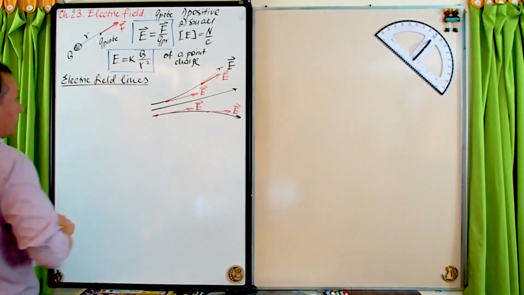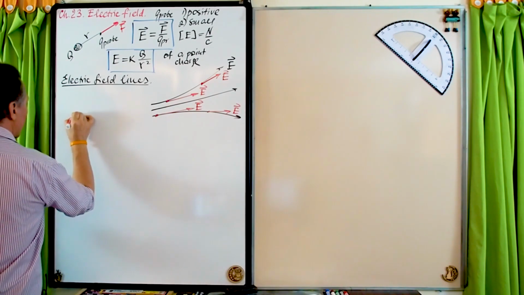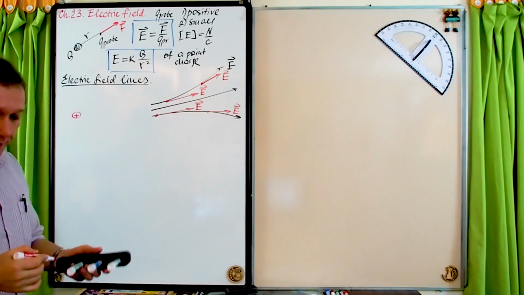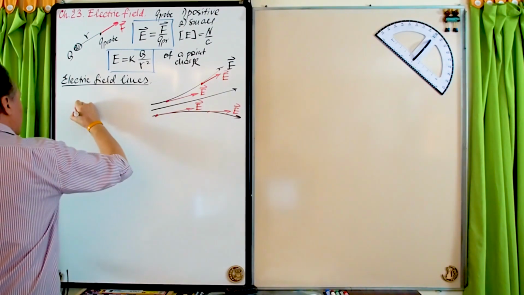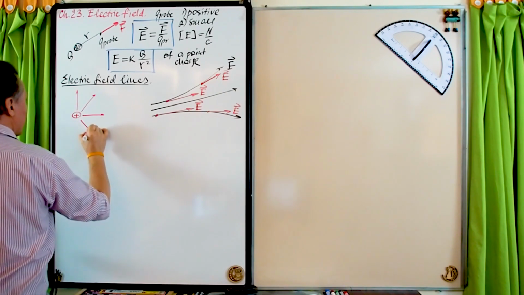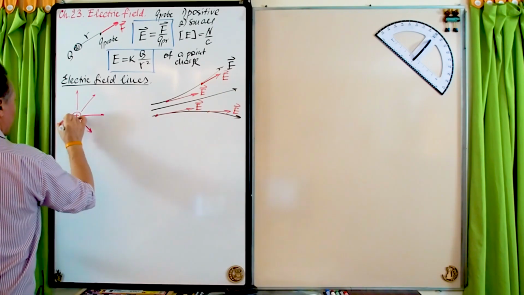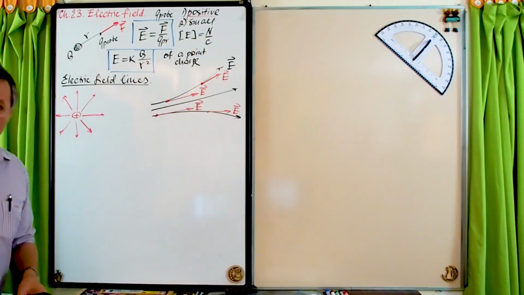And of course, for the simplest possible cases, let's assume that if you have a positive charge, which creates an electric field, then electric field lines are straight lines pointing out, sort of like this, right? It's a consequence of the fact that we decided to use a positive probe charge.